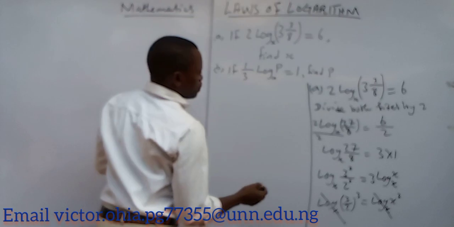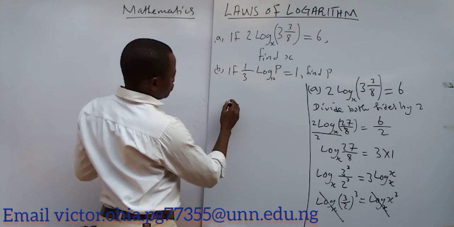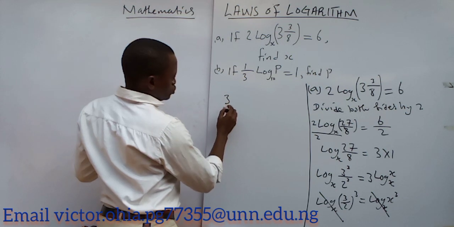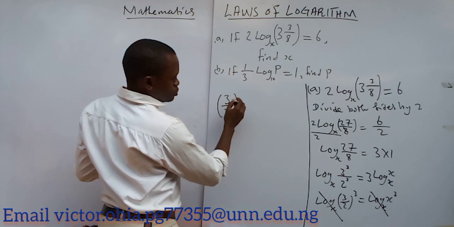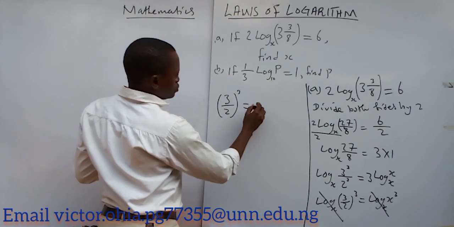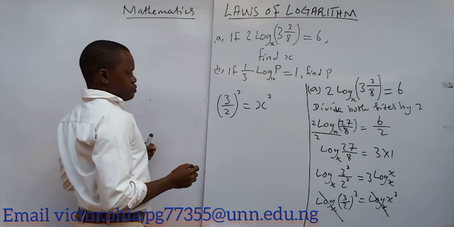So you can see me take away this and take away this. What is left? You can see that what is left there will be 3 over 2 to power 3 equals x to power 3. That is what is left. Wow.